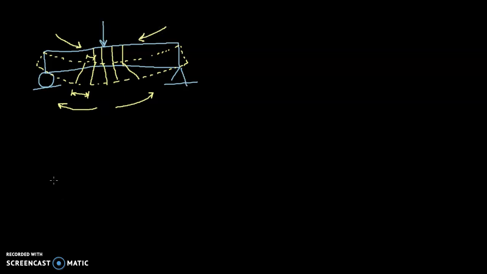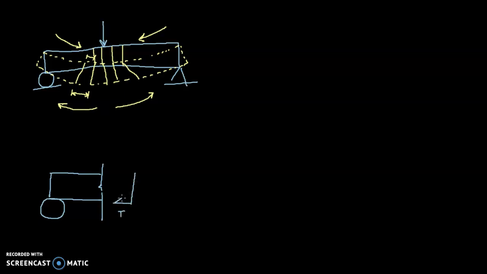So if we were actually to look at this beam, I'll draw the beam here again with the roller support, and we're just going to cut it off right there. If we were to look at the stresses occurring in this beam, what's happening is at the bottom of the beam, it's in extreme tension.